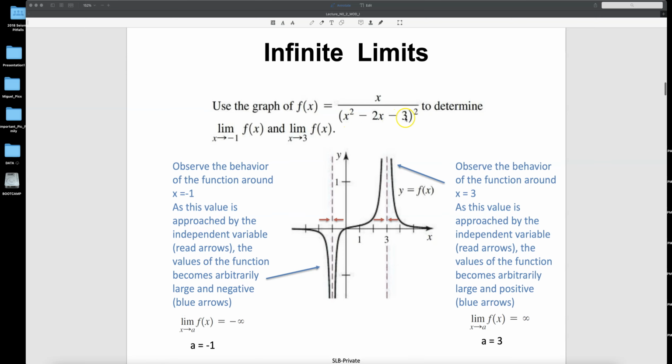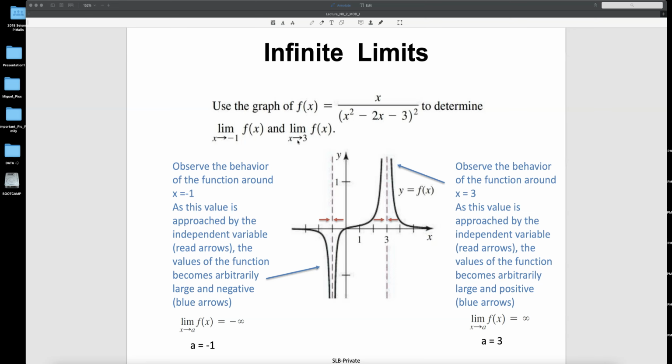And in the denominator, we have a quadratic function that is a trinomial squared. And let's take a look at the limits of this function around two numbers. The first one is -1, and the second one is 3.